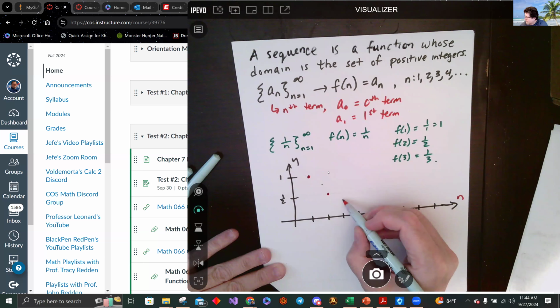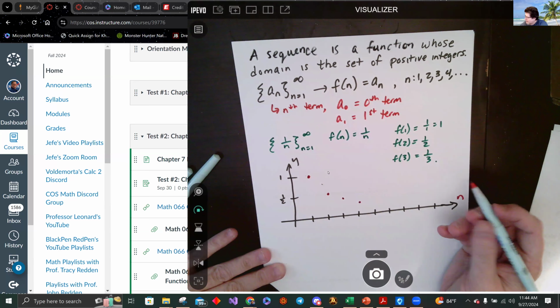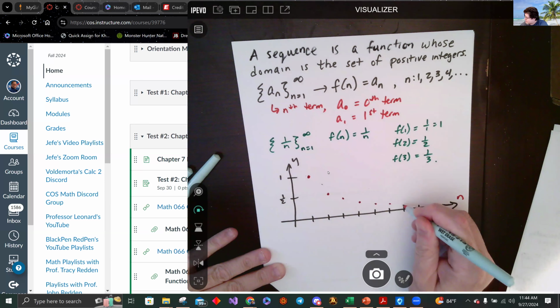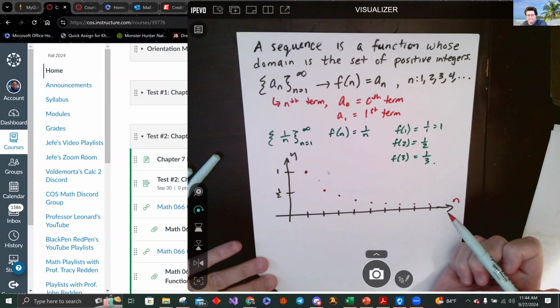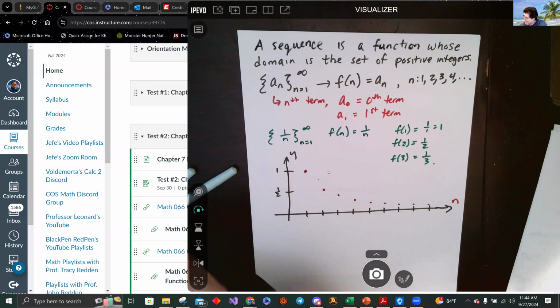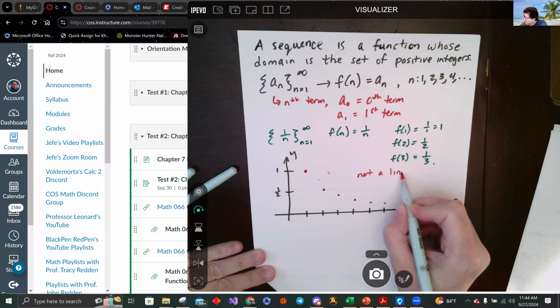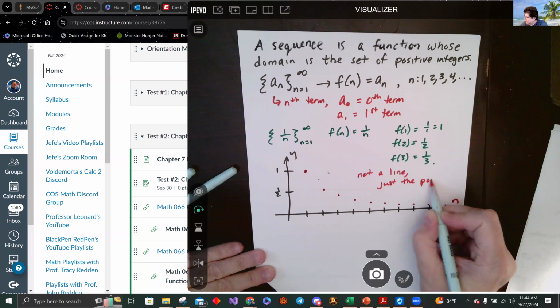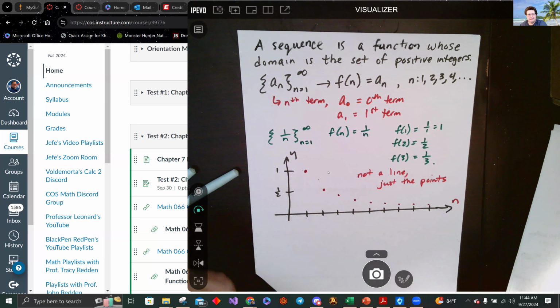N equals 3 would be 1/3. N equals 4 is 1/4. N equals 5 is 1/5. And we're doing something like that. But it's not a line, it's just the points, because this function does not take in non-integers.